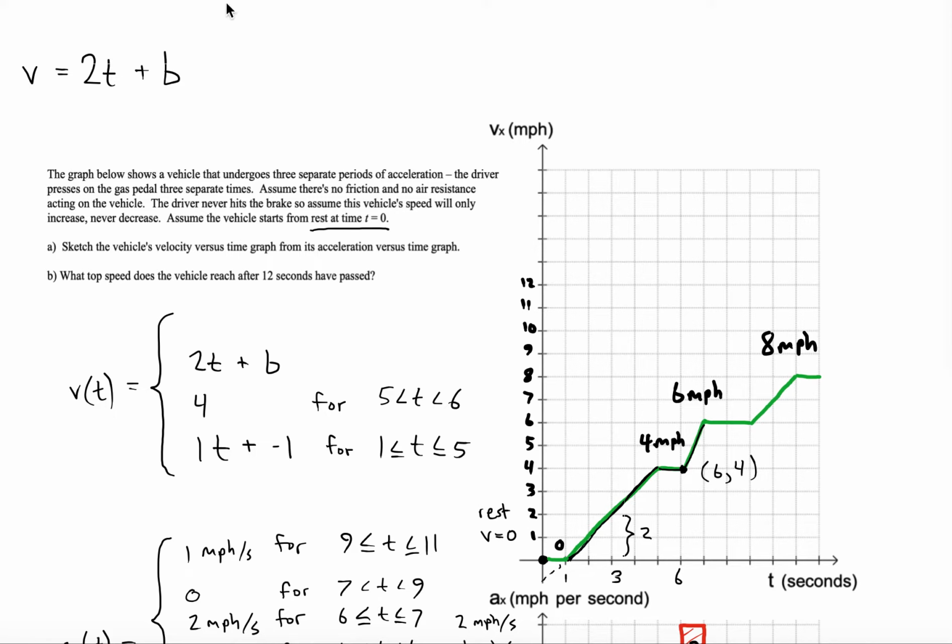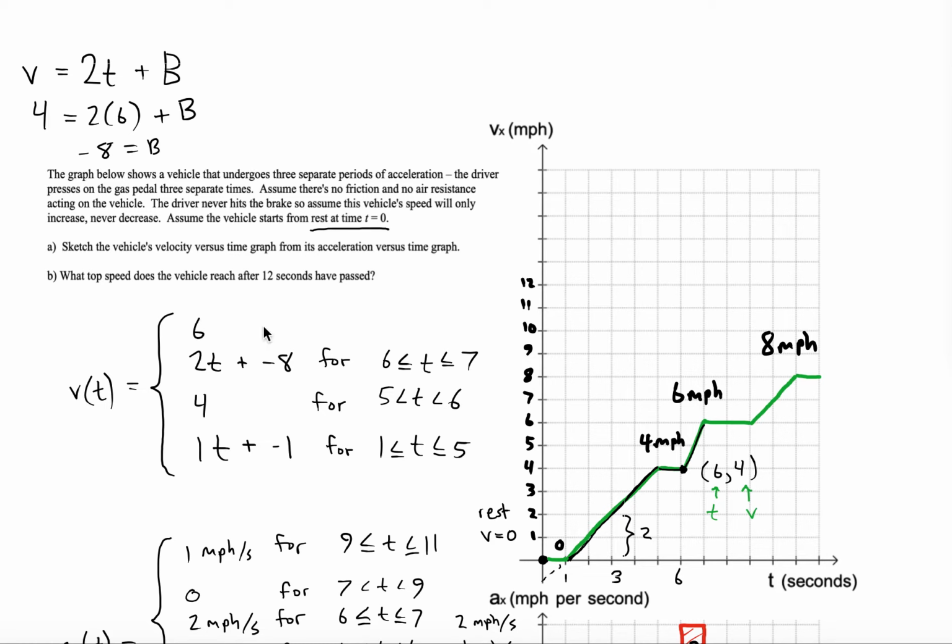So if I just plug that in, this is going to be my t, this is my v. So 4 equals 2 times 6 plus, that's supposed to be a b. And then just solve it. 4 minus 12, -8 is b. So now you know what the constant needs to be. Perfect.